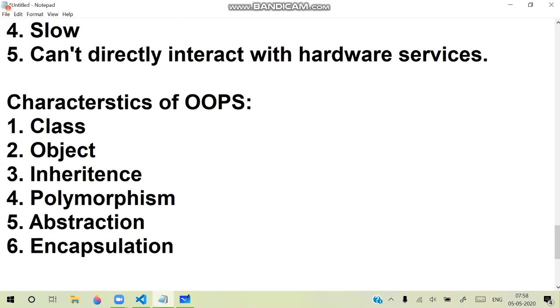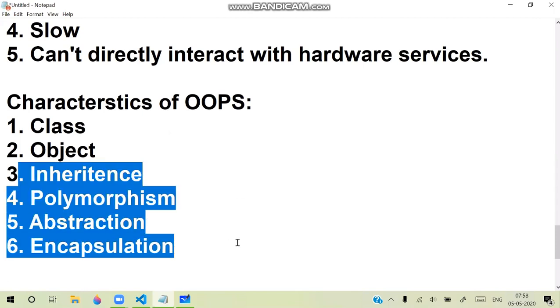Many people misuse this term. When we ask what the features of OOPS are, many people say inheritance, polymorphism, abstraction, encapsulation. As a technical developer, you should know that they are not features of OOPS, they are the characteristics of OOPS. Inheritance is a characteristic of OOP. Polymorphism is a characteristic of OOPS.